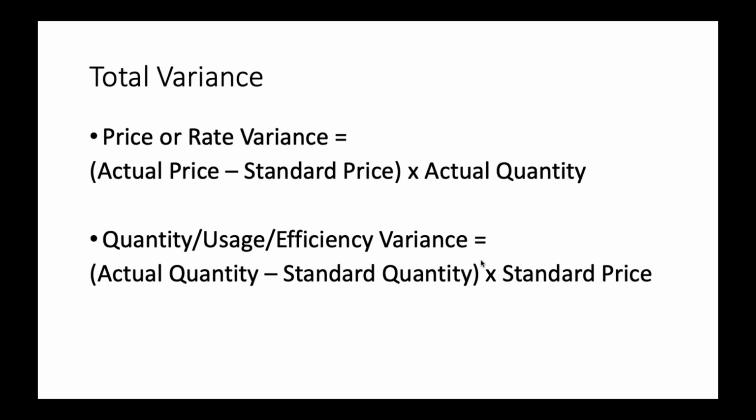The price or rate variance is the variance caused by the difference in price, amount, or cost, while the quantity or usage or efficiency variance is the variance caused by the difference in the number of units or number of hours consumed or incurred.